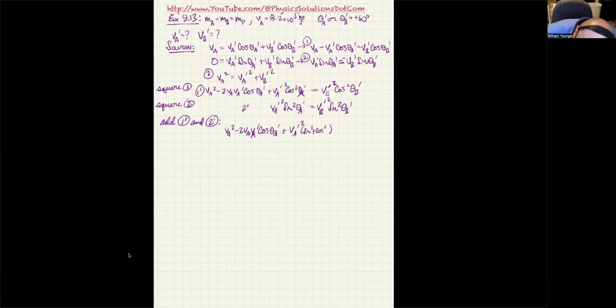The same thing's going to happen on the other side, and in that case, of course, it just becomes vb prime squared times sine squared plus cosine squared. And I didn't even use the time to write out what the arguments of the sine and cosine were, because it's obvious that cosine squared plus sine squared is equal to 1.